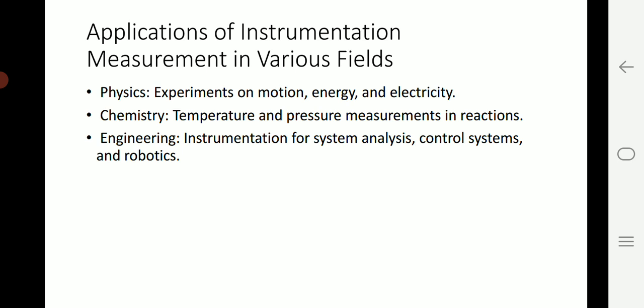In physics lab, we can use motion, energy, electricity, velocity, etc. In chemistry, we use temperature, pressure, movement, and reaction, etc. In engineering, instrumentation for system analysis, control analysis, robotics, and microprocessor controllers, etc. A lot of things are there in every experiment or every application. We need to know the measurements of it.